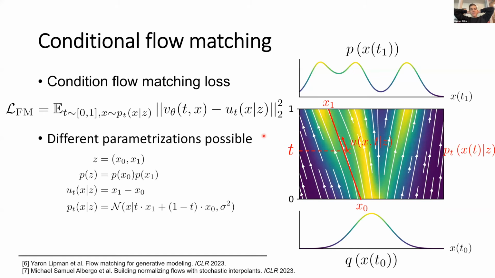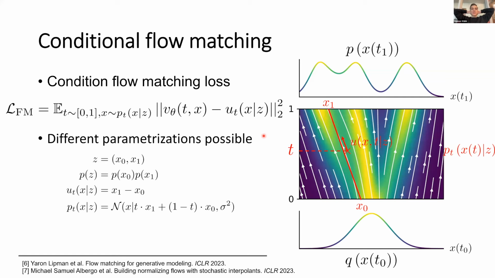And now we don't know such a vector field. We have no clue what such a vector field would be. But if we knew one, if we knew a u_t(x), then we could just use this regression objective, like this flow matching objective. But we don't know any, but then these people show, it doesn't matter.